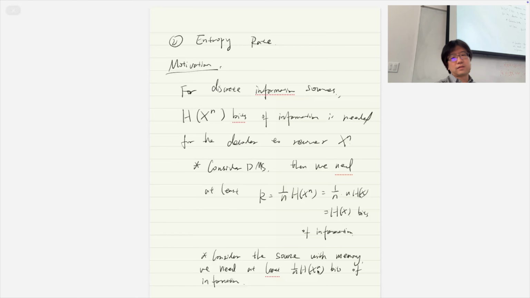If we compute the entropy of a random vector, normalize it by n, and let n go to infinity, this is like a rate. This quantity is called the entropy rate if we let n go to infinity. Does that make sense?